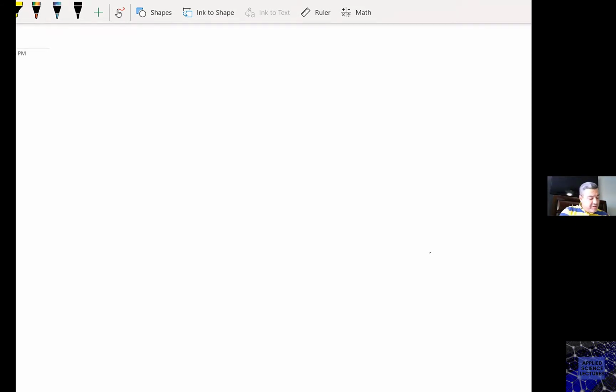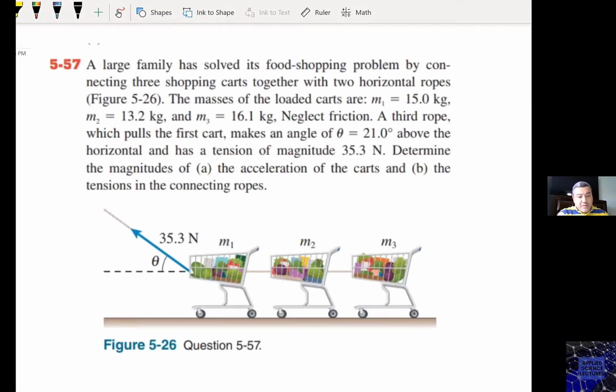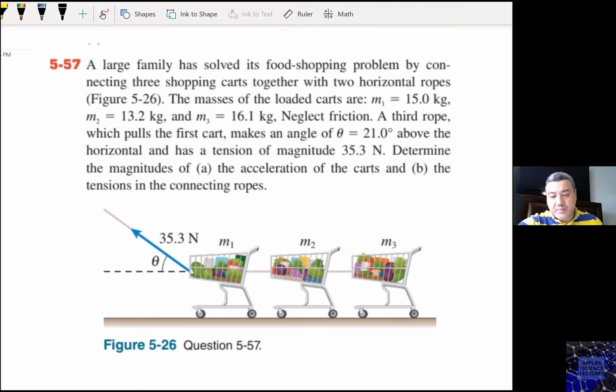So the question reads the following. A large family has solved its food shopping problem by connecting 3 shopping carts together with 2 horizontal ropes. The masses of the loaded carts are M1 15 kilograms, M2 13.2 kilograms, and M3 16.1 kilograms.